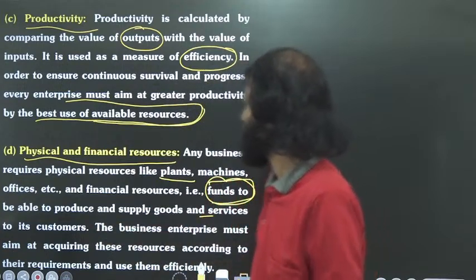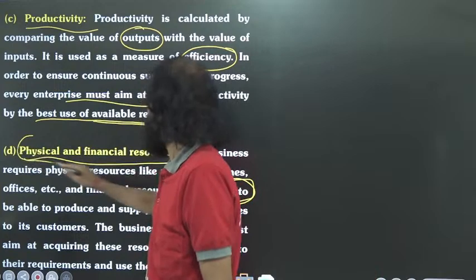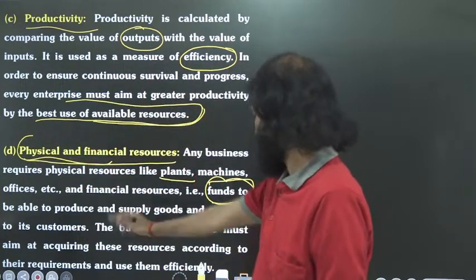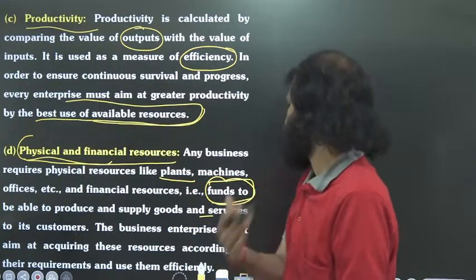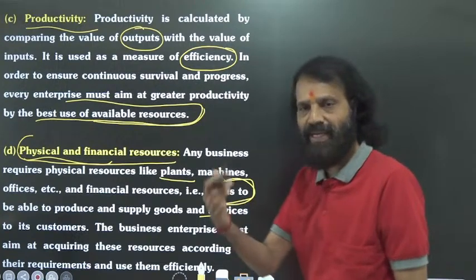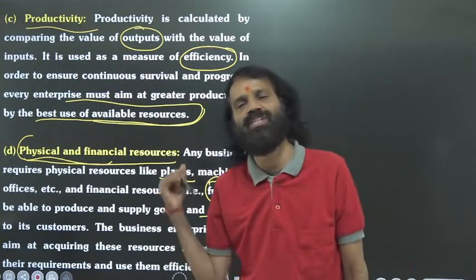We were studying the two kinds of resources, physical as well as financial. Acquire these resources according to their requirements and use them efficiently. You must be capable to use all those resources.